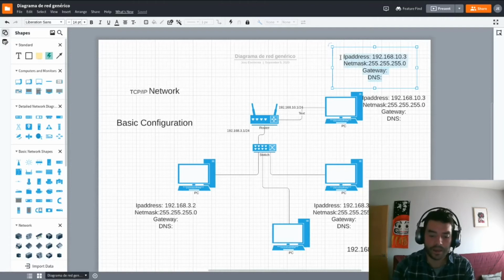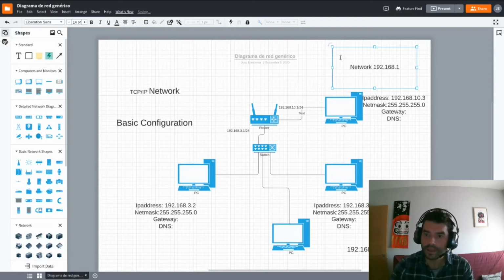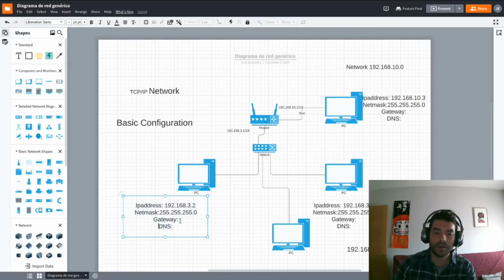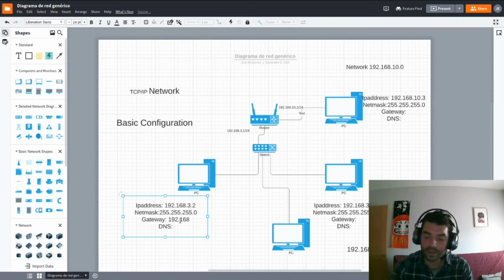I'm gonna say network 192.168.10.0. So if you want to communicate this computer with this one, you have to say, okay, when you don't know where to go, go to 192.168.3.1 computer.